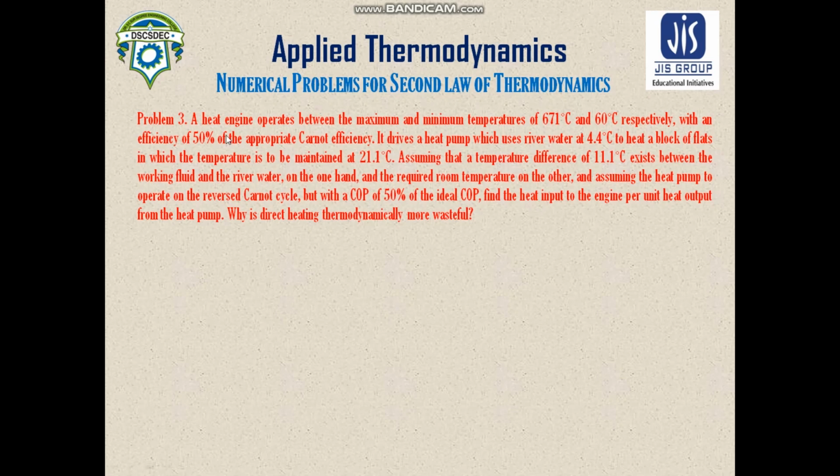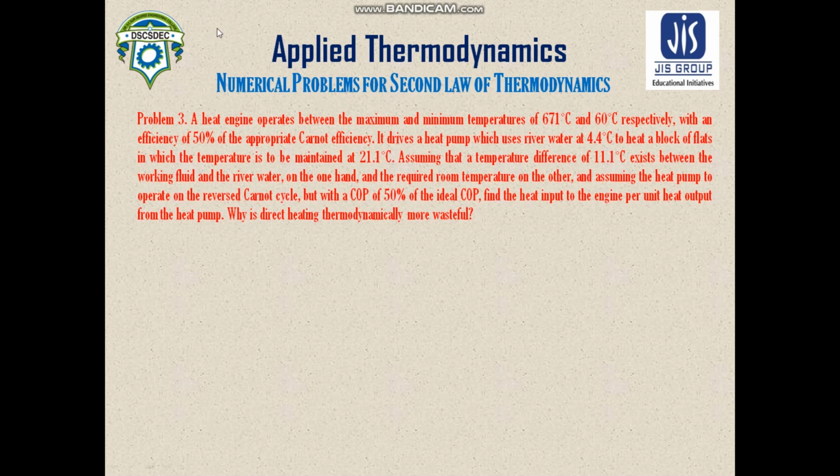Okay, so here you can see a heat engine operates between the maximum and minimum temperatures of 671 degrees Celsius and 60 degrees Celsius respectively, with an efficiency of 50% of the appropriate Carnot efficiency.